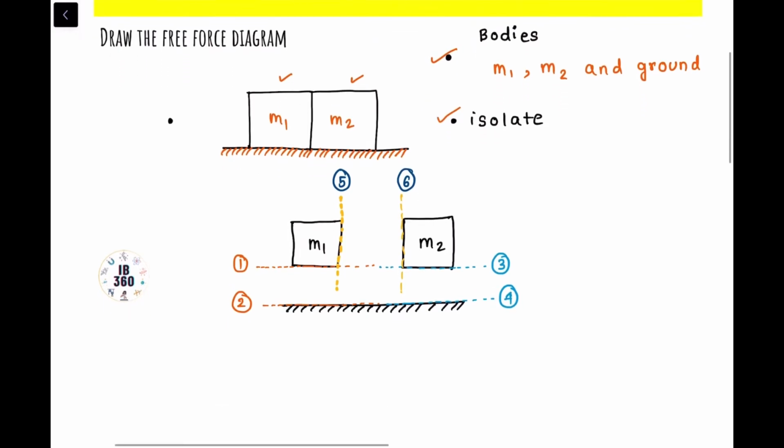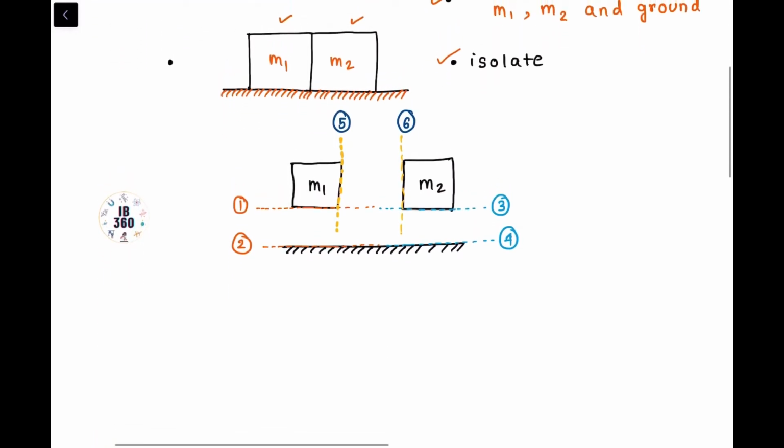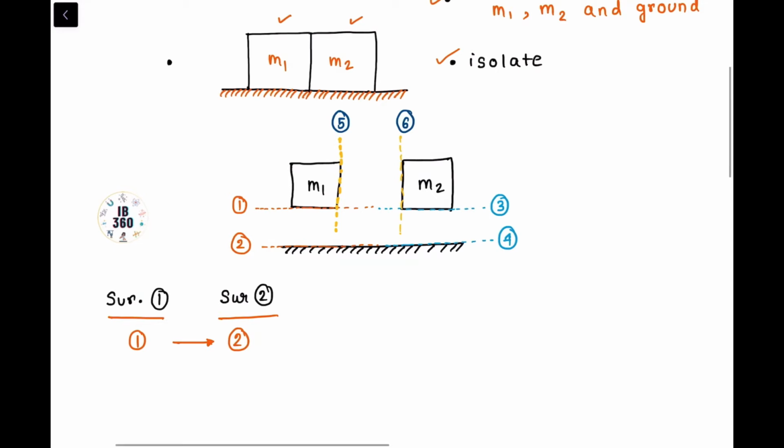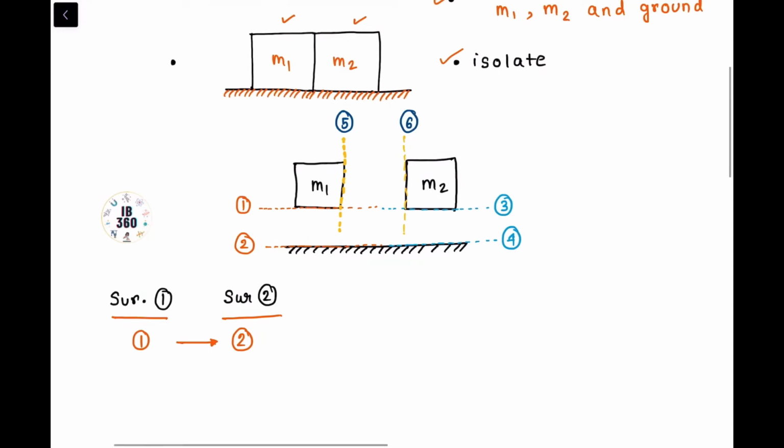Now we have to write the surfaces in contact first. Surface 1 and surface 2 are in contact. Surface 1 will give a force towards surface 2, because when surfaces are in contact with each other, they give forces to each other.